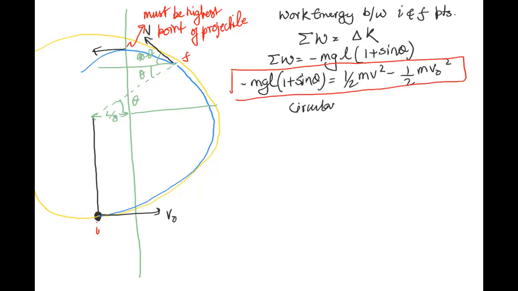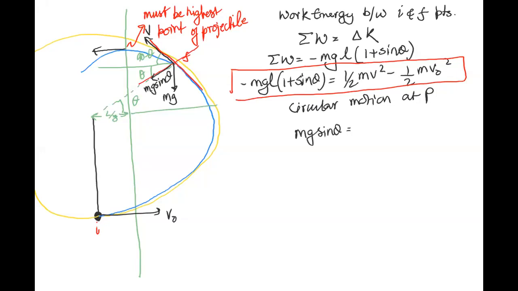Then we come to the circular motion at point P. For the circular motion, I hope I don't need to, but you should be doing this yourself now. This component will be mg sin theta.